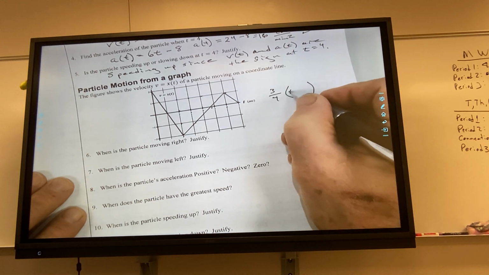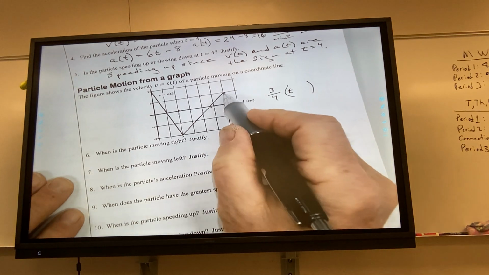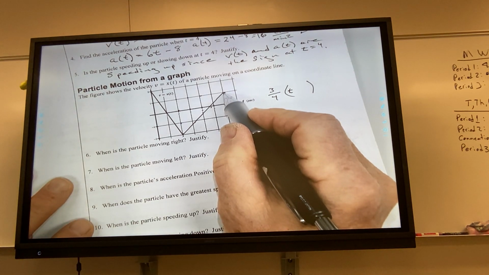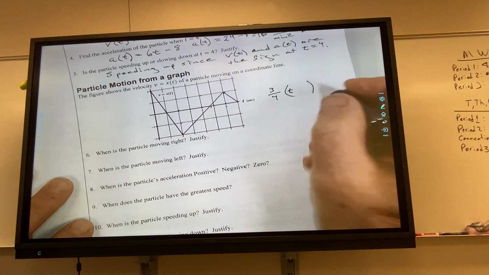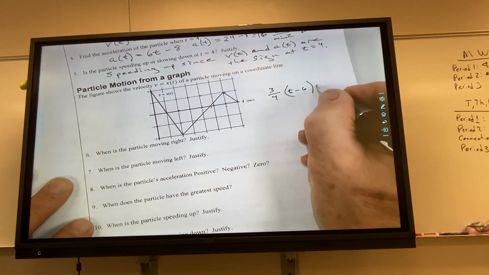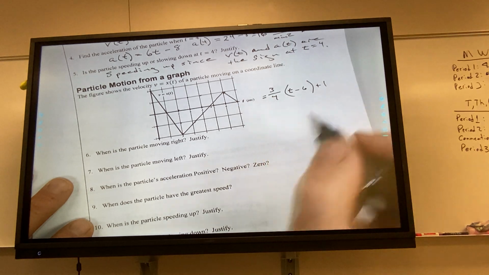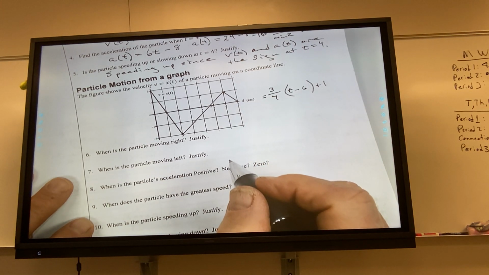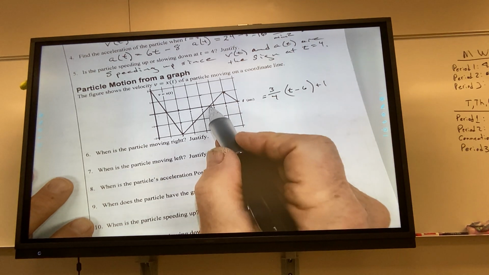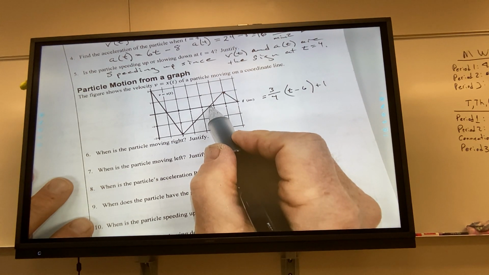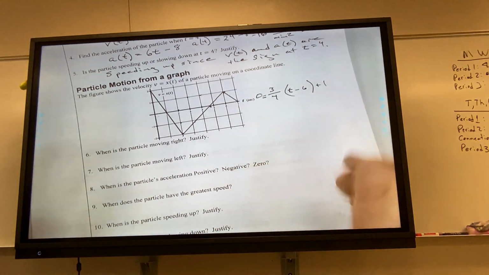It's t minus something. Do I know this point? Yeah, 6, 1. So I could say minus 6 plus 1. Would you agree? And I want to make it equal to what? What's y right here? 0. I want to make it equal to 0. Does that make sense to everybody?